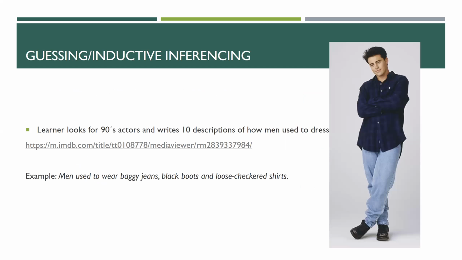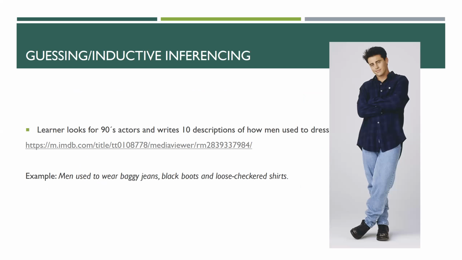Next is guessing, inductive inferencing. So this is activity number 1. The teacher asked the learner to look for 90s actors and write 10 descriptions of how men used to dress.